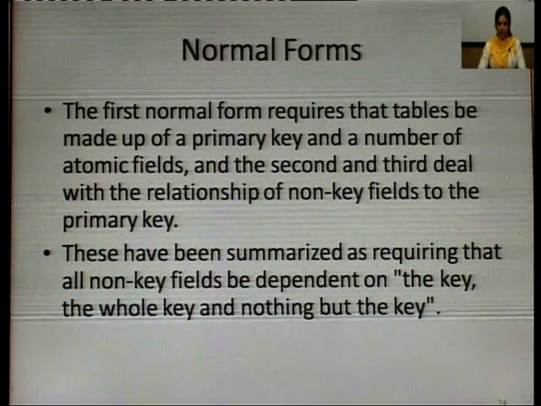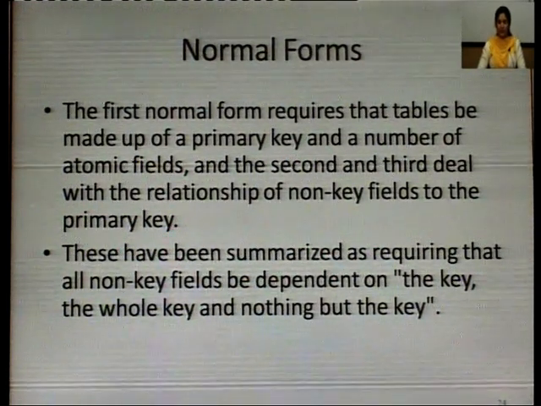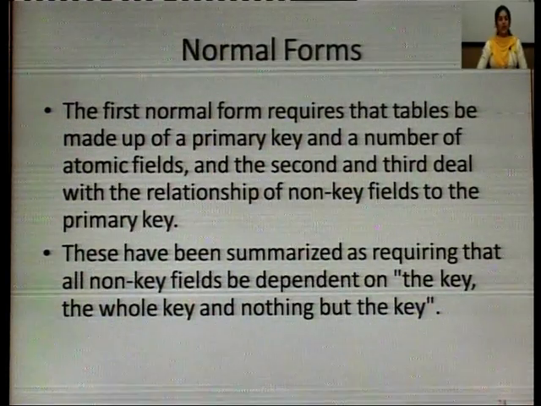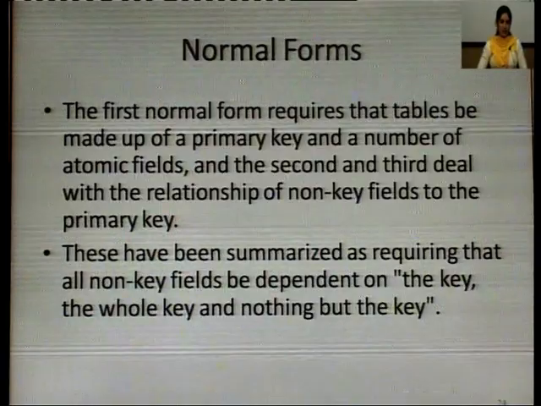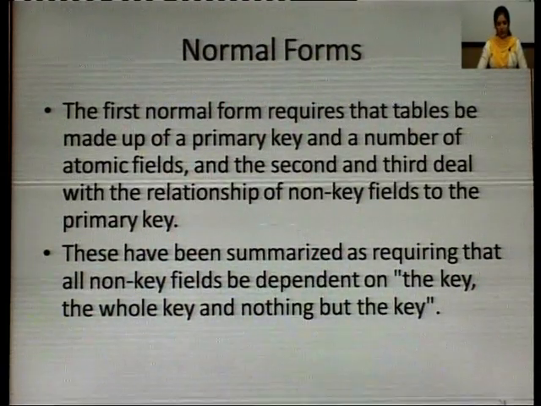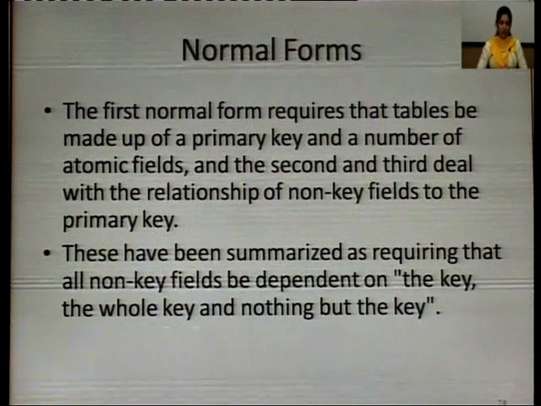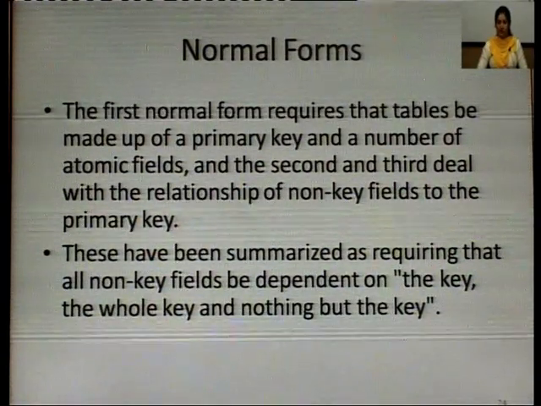All the rows in your database will be identified uniquely by using the primary key. Moreover, you will have to make sure that all the attributes have atomic values. That means one row and one column should have one and only one value at a time.